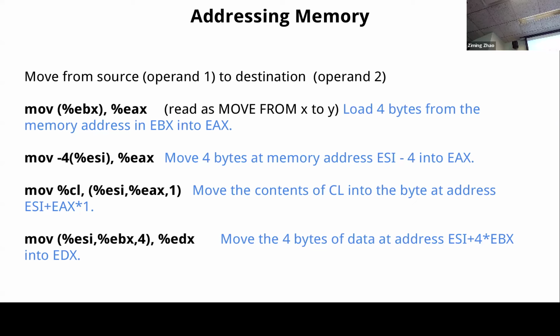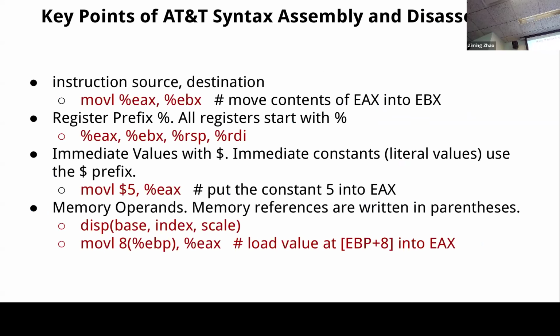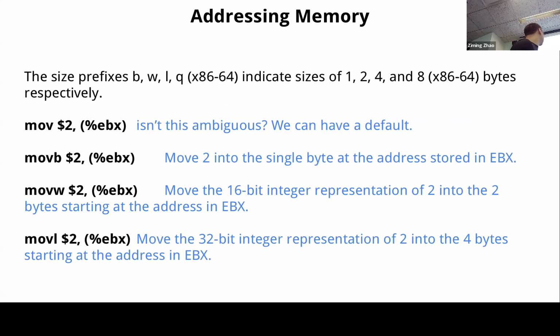For the Intel syntax, sometimes you don't have that. Here you have an L or B. For the Intel syntax, you don't have to sometimes, because sometimes it's not ambiguous. But I will show you another example here. Sometimes it can be ambiguous, like this one, right? Do you have more questions before we move on?